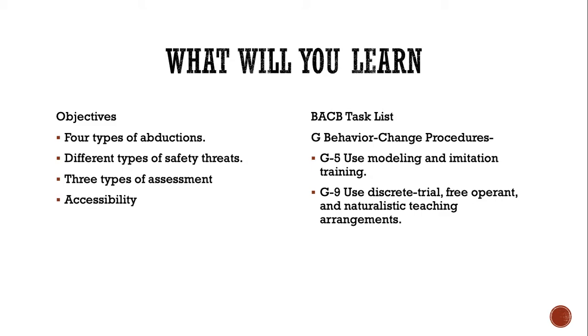Safety threats happen throughout our lives. We are exposed to many different types of safety threats. Some of those safety threats could be riding in a car without your seatbelt on, riding a bicycle without a helmet on. Those types of regularly occurring safety threats allow children to practice safe behavior.